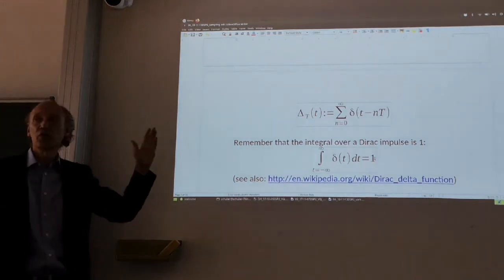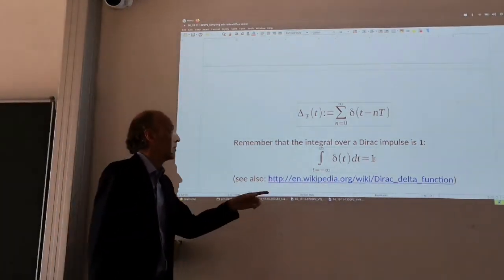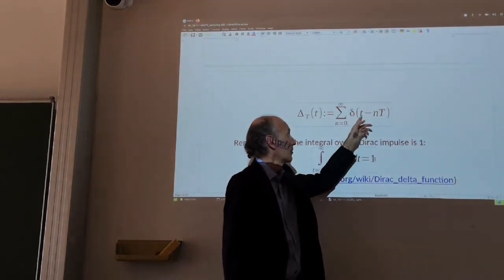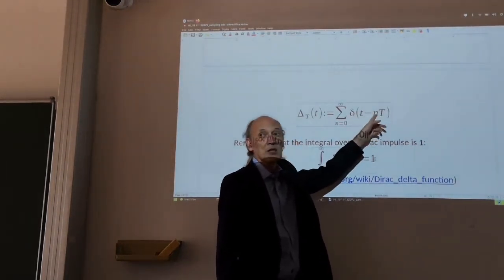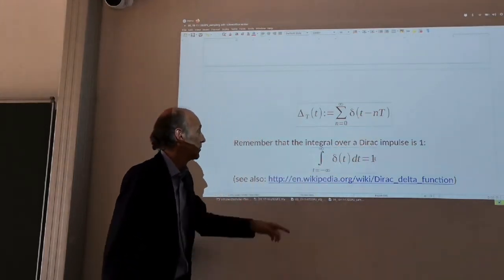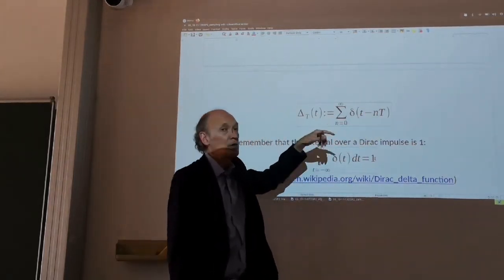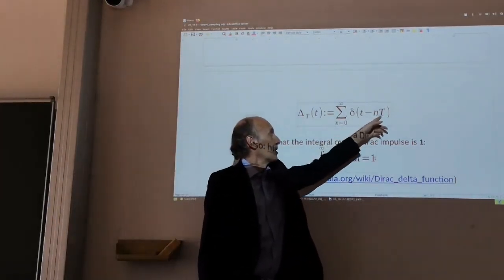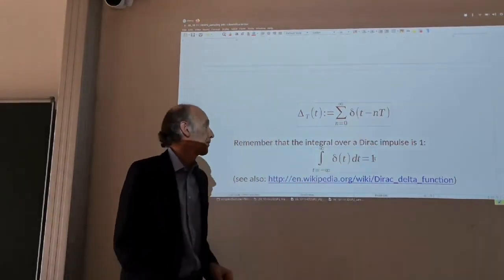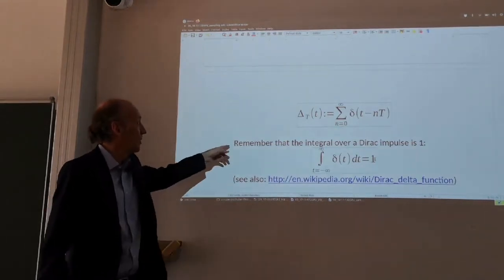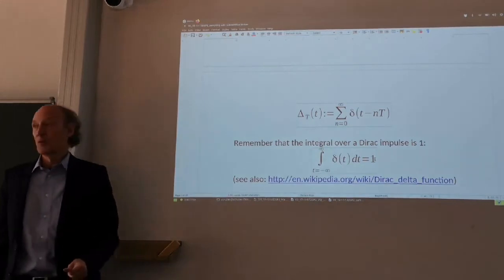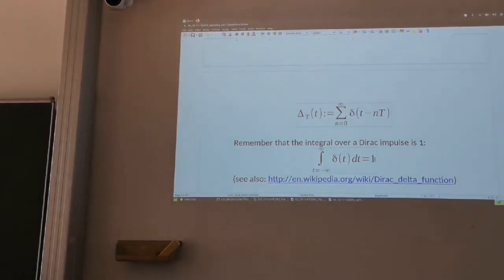And if you want to have a shifted Dirac pulse, you just subtract this shift T. So this would appear at position nT. And if you have the sum, we have many Diracs, each Dirac appearing at integer multiples of T. And remember that the integral over the Dirac is 1. This is important for sampling.